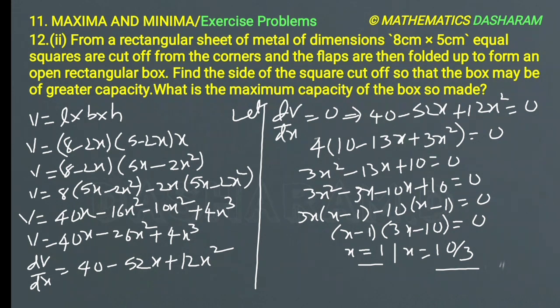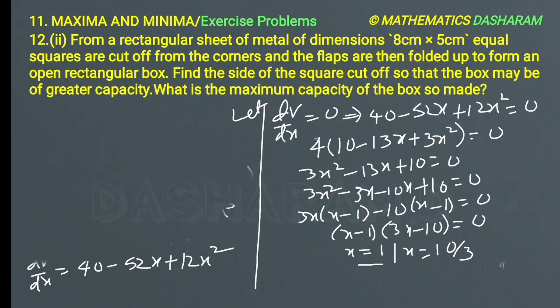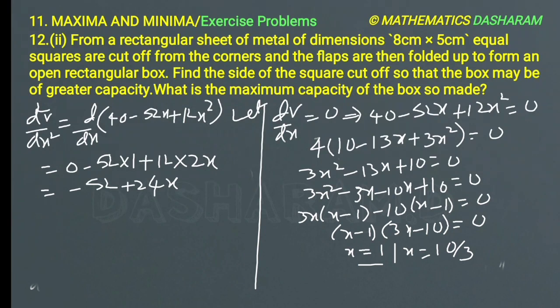But which x value will give the maximum capacity for the box? Let us verify. So for that I am doing the derivative again. So d square v by dx square equals minus 52 plus 24x. Here to get the negative answer, definitely we need to substitute x equals 1 only. So if x equals 1, then minus 52 plus 24 into 1, it is equal to minus 28.